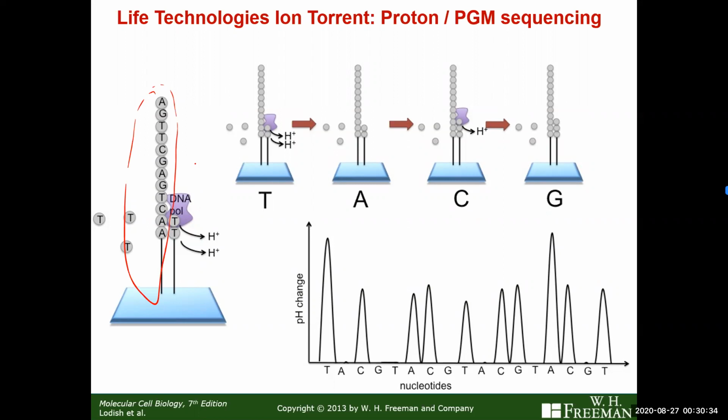But in this case, what you do is slightly different: you have this matrix. You first flood the whole thing with a chemically modified variant of any one nucleotide, say A. And wherever A will be incorporated, there will be a small electric signal there.